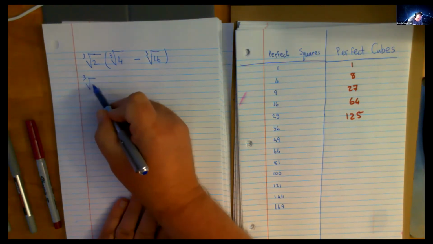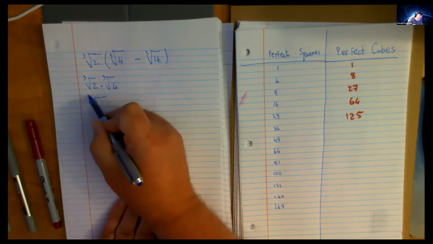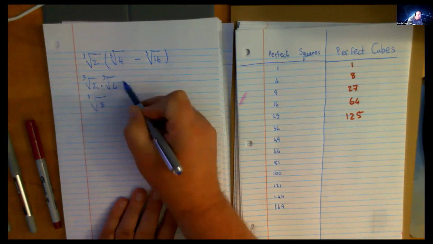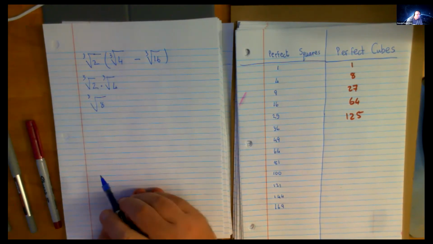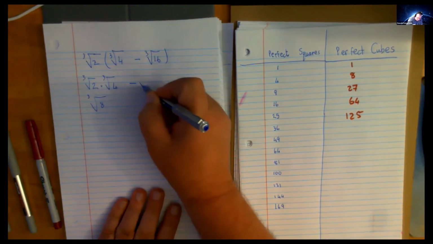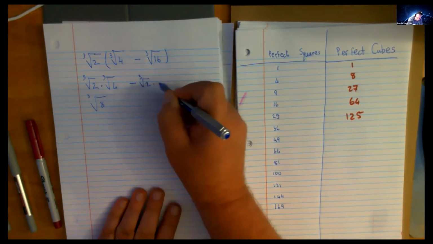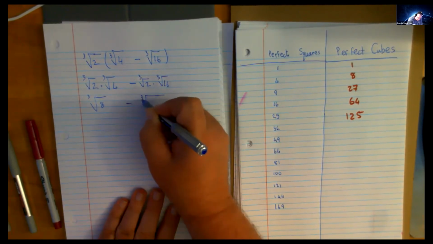The cube root of 2 multiplied by the cube root of 4 gets you the cube root of 8. A lot of people don't need that line. Maybe you're one of them. Could you go from there to there and feel comfortable? Then you should do it. Now, take away, it's going to be a cube root of 2 multiplied by the cube root of 16, which gets you the cube root of 32.